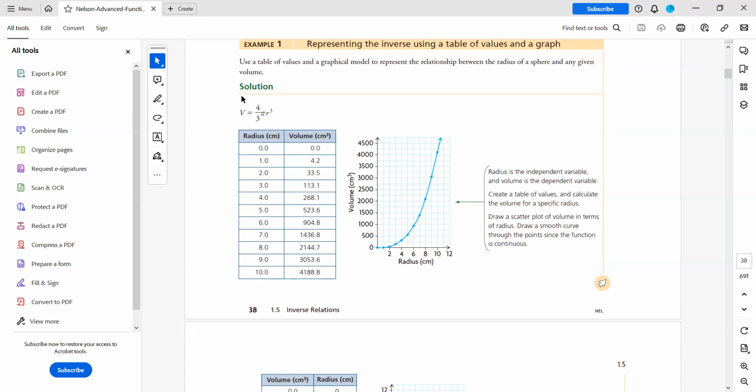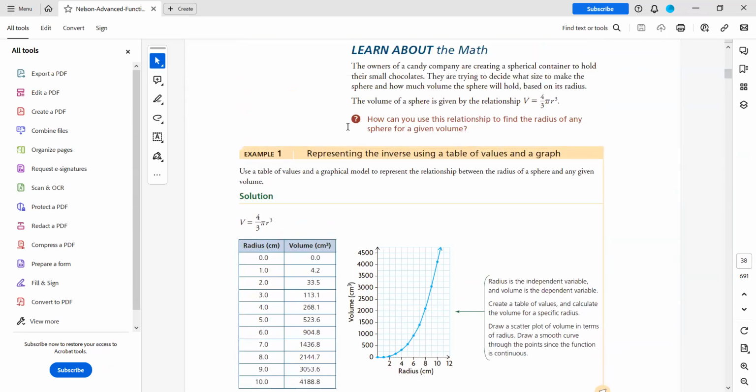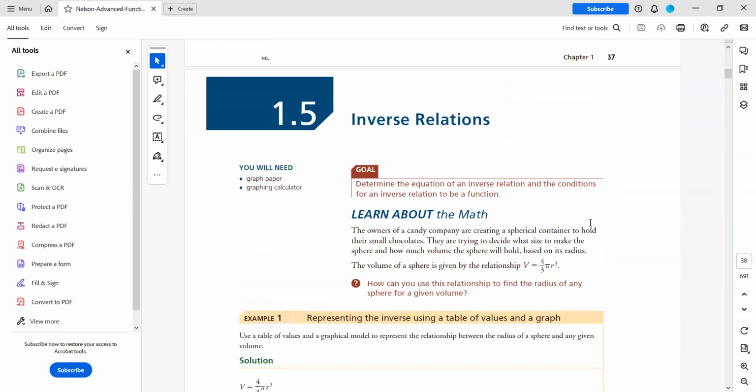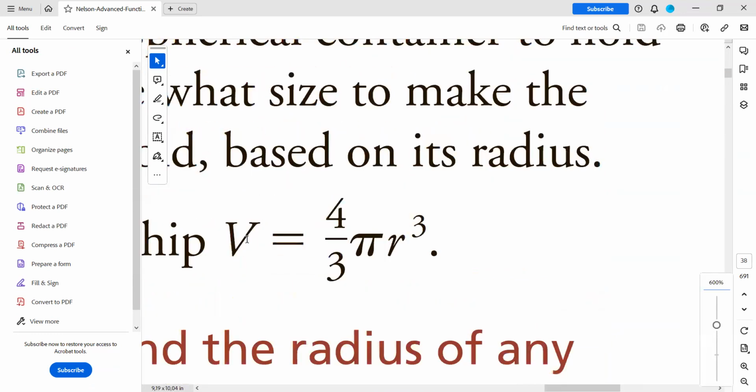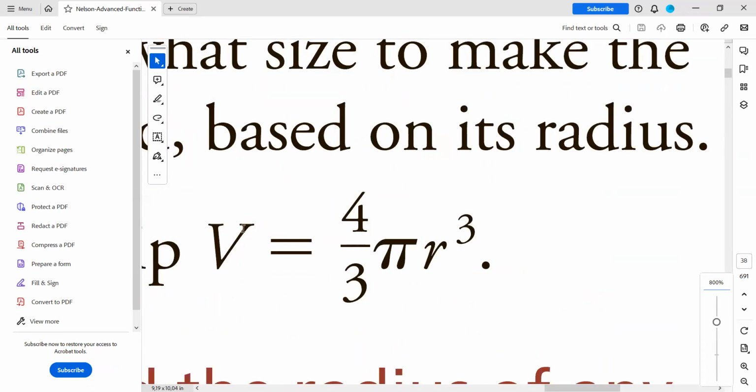If the parent function gives us a relationship where volume, just as an example, is defined by the radius of the sphere, imagine if you would like to set the relationship in such a way that your volume is no longer the dependent variable, but the independent one.